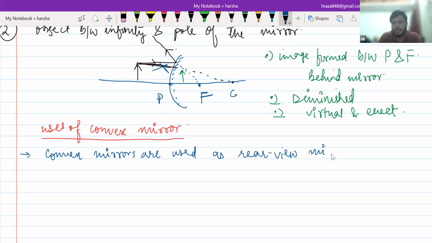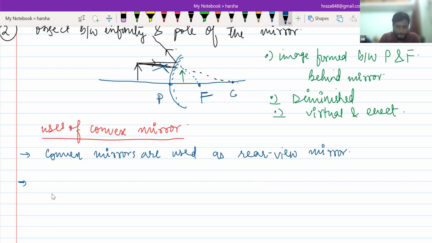See, in our bike or car, we have a rear view mirror in which big trucks, buses, cars, and bicycles or motor cars, you can see their images as small images. So convex mirrors are commonly used as rear view mirrors.